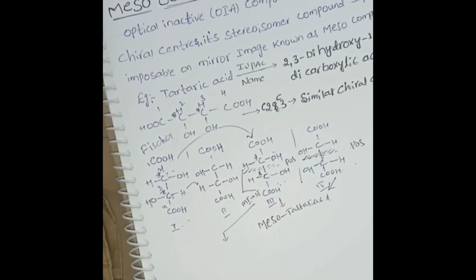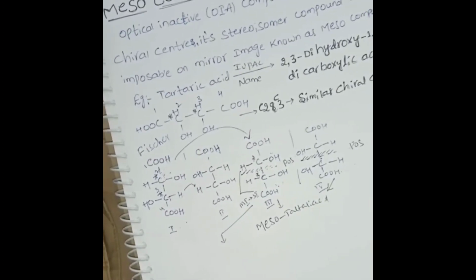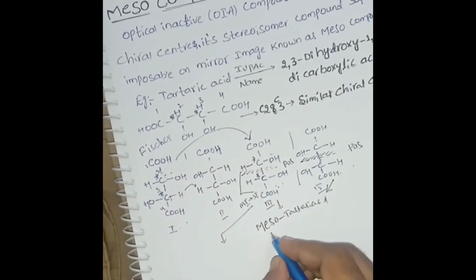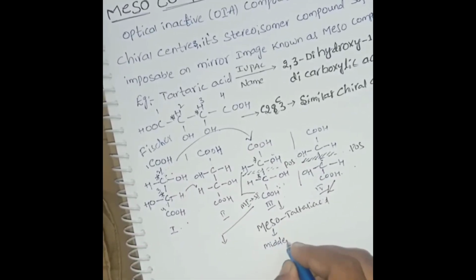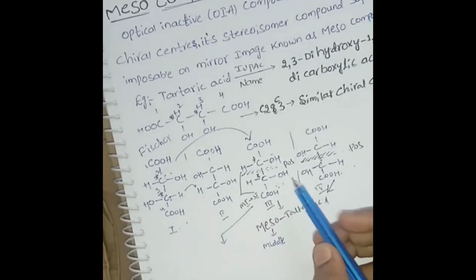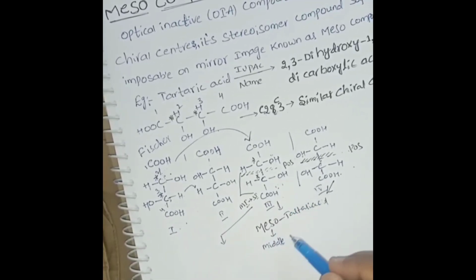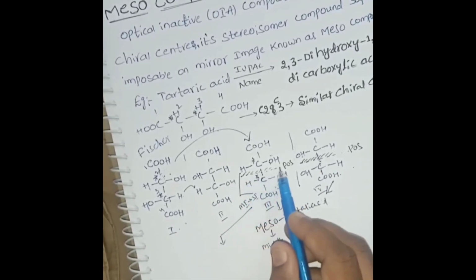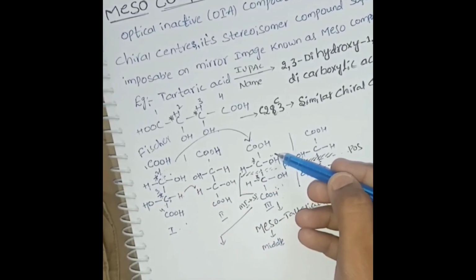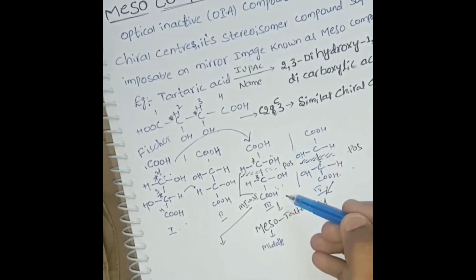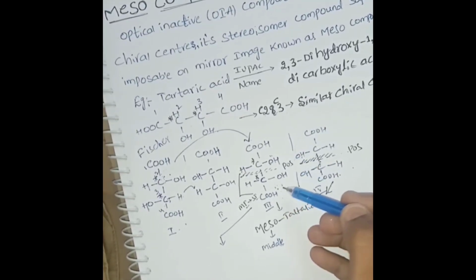When the compound has a plane of symmetry in the middle, half of the molecule is superimposable with the other half on the mirror image, even though it has similar chiral centers. That compound is known as a meso compound.